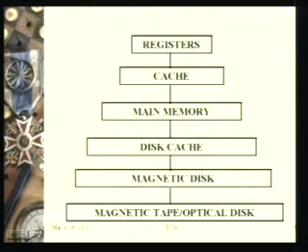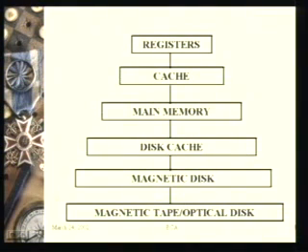Then you have disk cache, which may be some area in the main memory, or many magnetic disks today are equipped with something called disk cache, where the recently accessed blocks are transferred. Then you have magnetic disk, which is slowest, followed by magnetic tape and optical disk, which are even slower than this magnetic disk.